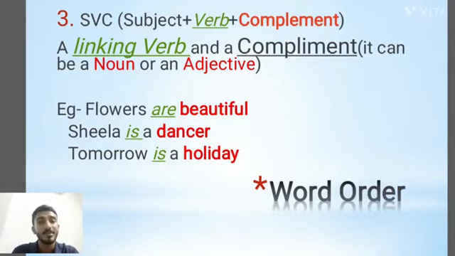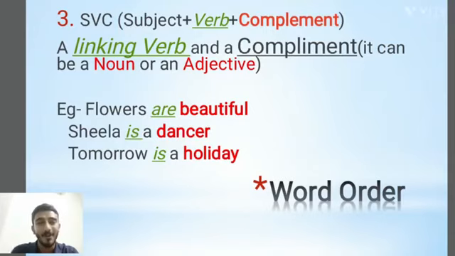So let's move to the second example, and while going through it, keep your focus on the complement. You have to tell me whether the complement is an adjective or a noun. Sheila is a dancer. Dancer, which is in red color. Tell me whether it is a noun or an adjective. Yes, it's an adjective, right?